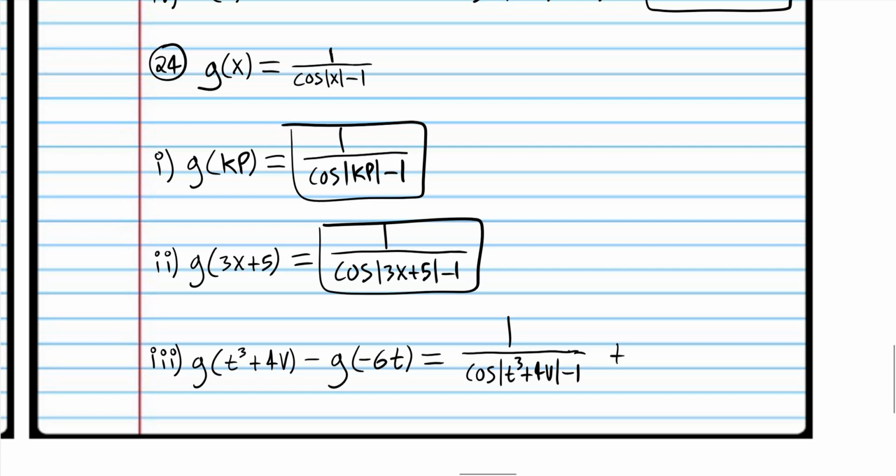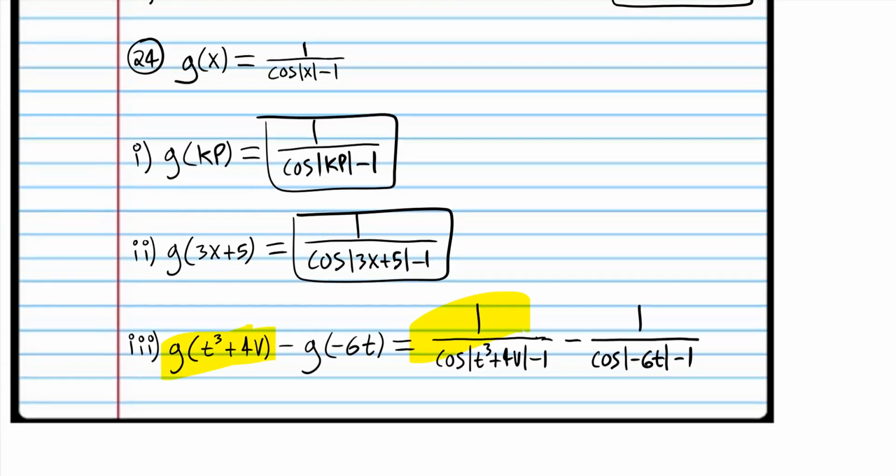So that is this expression here. Now we're going to subtract. Actually, I put a plus sign. That should be subtraction. We're going to subtract the same exact expression, except we're going to plug in negative 6t instead of x.